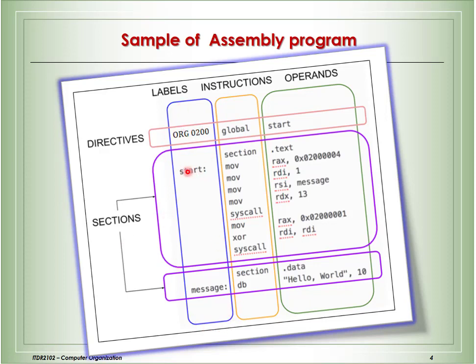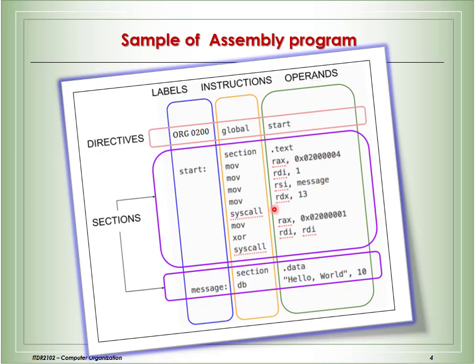These are user defined names. The second column shows the instructions, also called operation codes, OP codes, mnemonics, keywords, abbreviations, whatever you want to say. And the third column, in green, shows the operands, the inputs for the program.